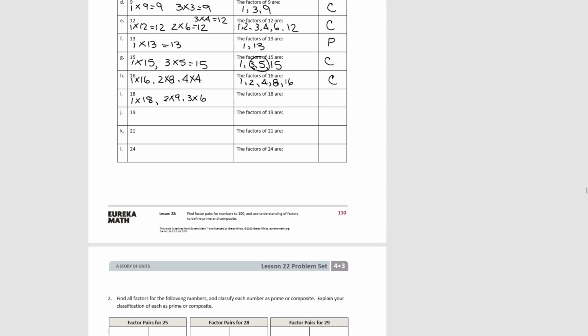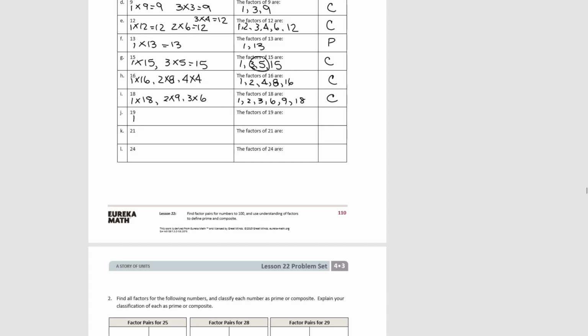Nothing times 4, nothing times 5. We've already done 6. Nothing times 7 or 8. We've already used 9, so we're halfway through. So those are all our factors. So we can order them as 1, 2, 3, 6, 9, 18, making this number composite. Try the number 19.